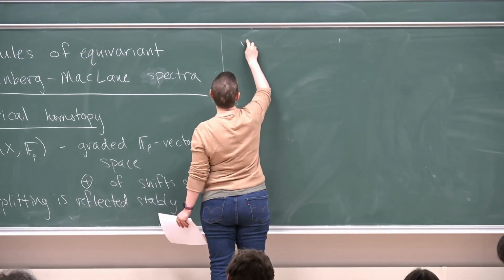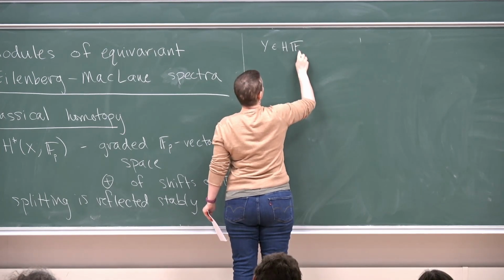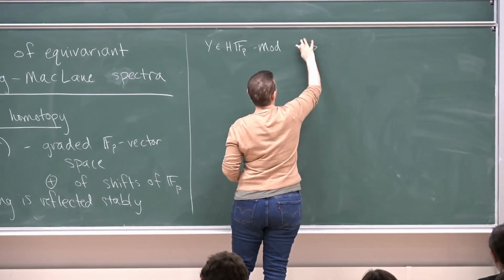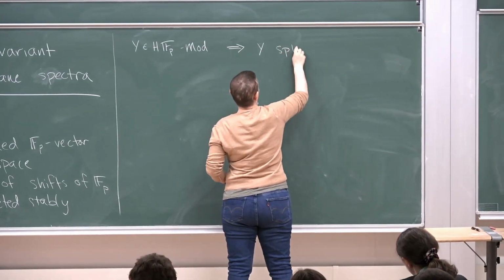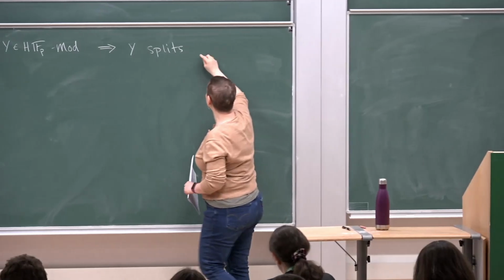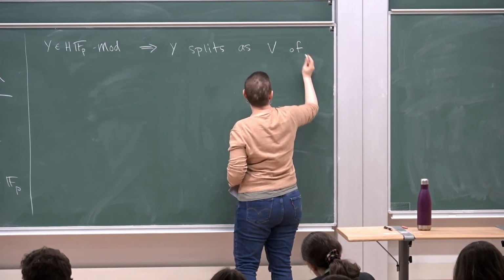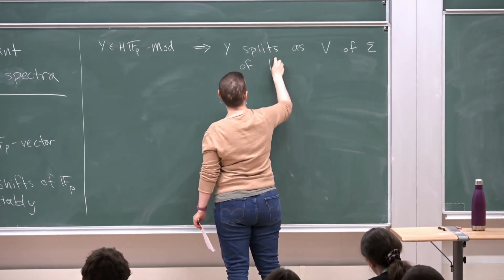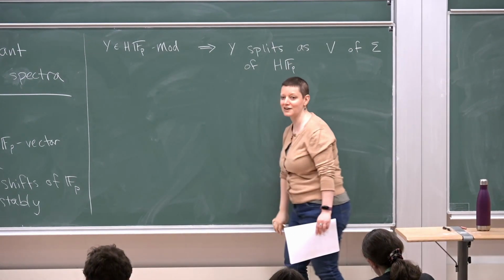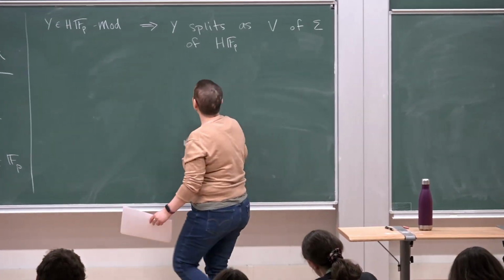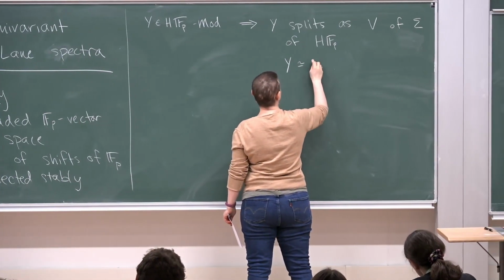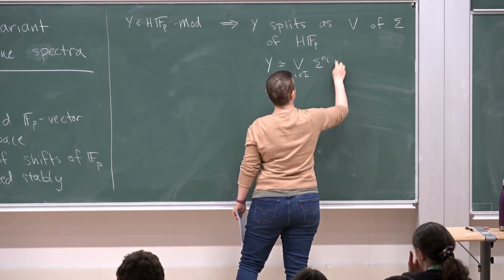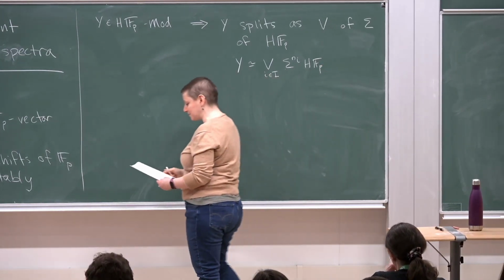Well, if I have some module over the Eilenberg MacLane spectrum, HFP, representing this cohomology theory, then that module splits as, well, our direct sum turns into a wedge, and our shifts turn into suspensions, and then we're just getting a wedge of suspensions of HFP itself, right? And so if I wanted to write that a little more precisely, I could say there's some indexing set, and this is a wedge of suspensions of HFP.